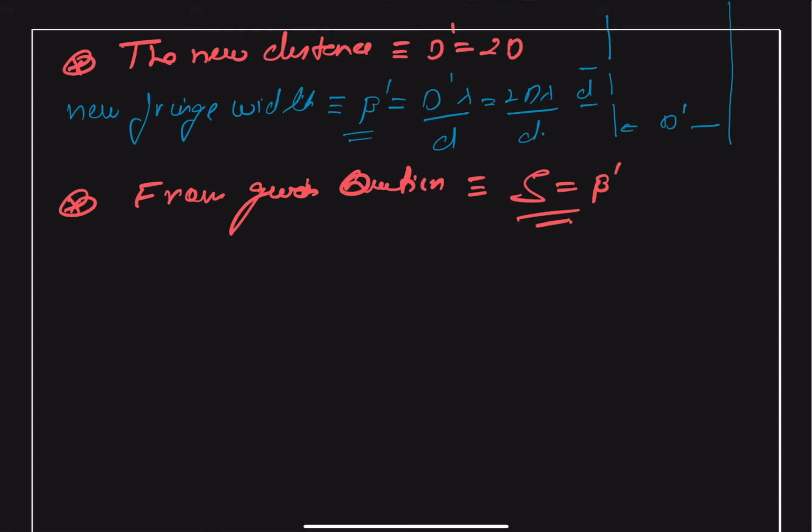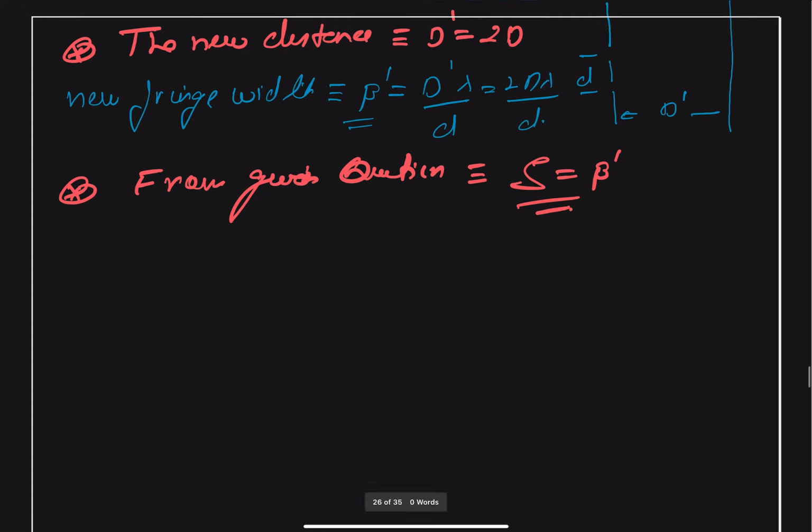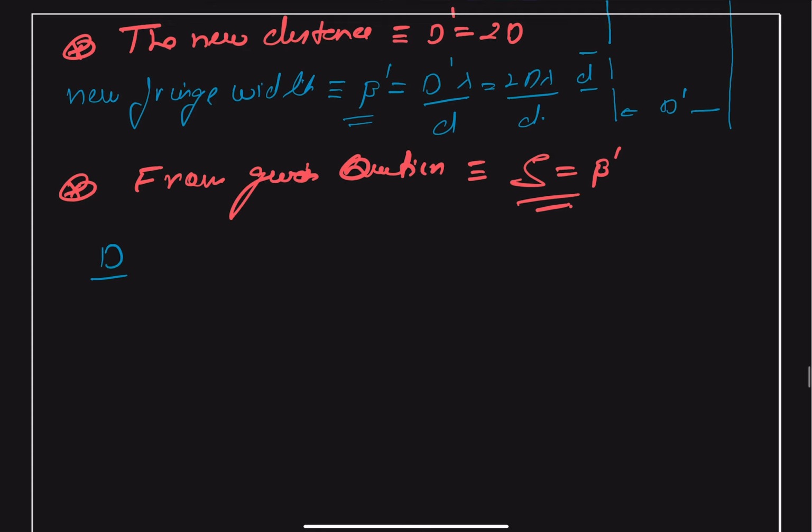Now we substitute our S, which is capital D upon small d, and this is 1.1784 into 10 to the power minus 6, equal to 2D lambda upon small d.